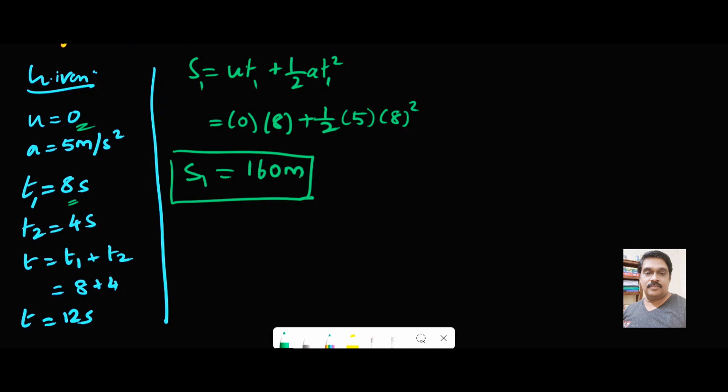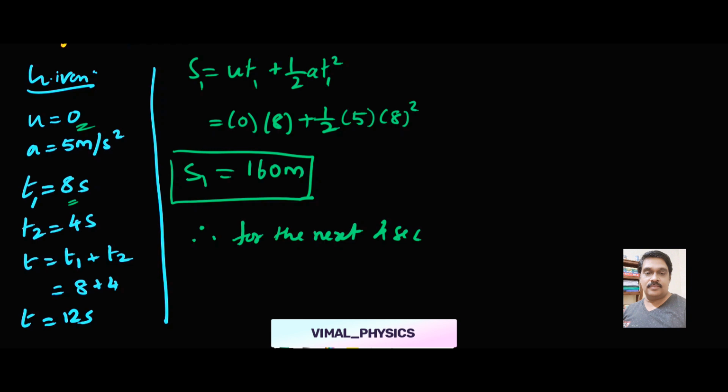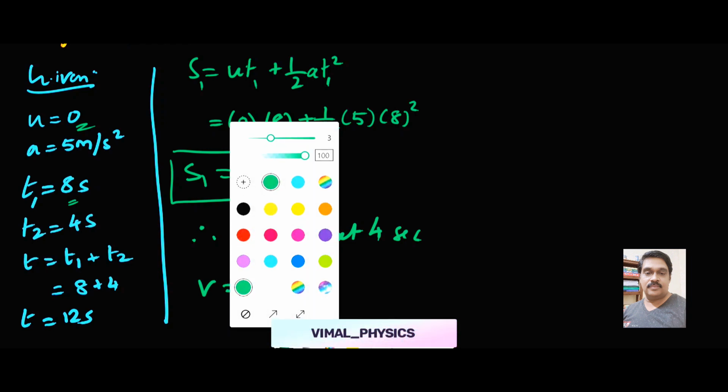The next one is to calculate the second part. For t1 it is 8 seconds, and for the next 4 seconds the car covers the 12 seconds in total. The maximum velocity after time t1 is given by the formula v equals u plus at.